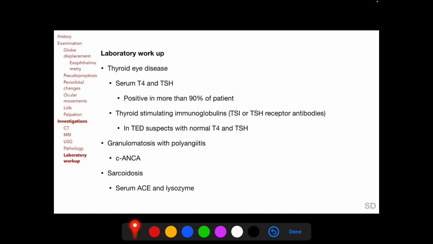In granulomatosis with polyangiitis, previously known as Wegener's granulomatosis, cytoplasmic pattern of staining of anti-neutrophilic cytoplasmic antibody is assessed, and in sarcoidosis, serum angiotensin converting enzyme and lysozyme are evaluated.